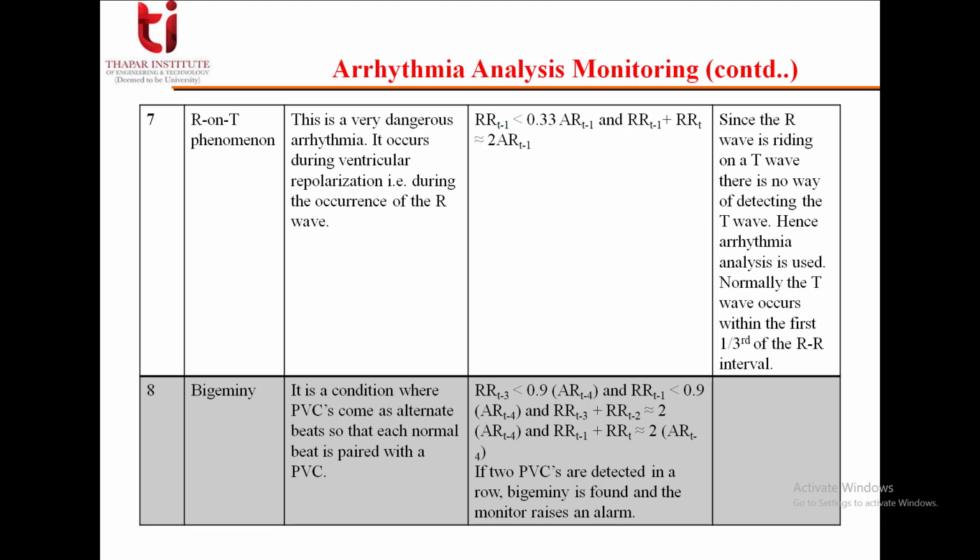In this case, RRT minus 3 is less than 0.9 times ART minus 4 and RRT minus 1 is less than 0.9 times ART minus 4, and RRT minus 3 plus RRT minus 2 is approximately twice ART minus 4, and RRT minus 1 plus RRT is approximately twice ART minus 4. Now in this, if two PVCs are detected in a row, bigeminy is found and the monitor raises an alarm.